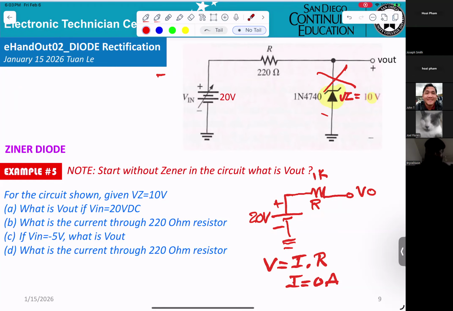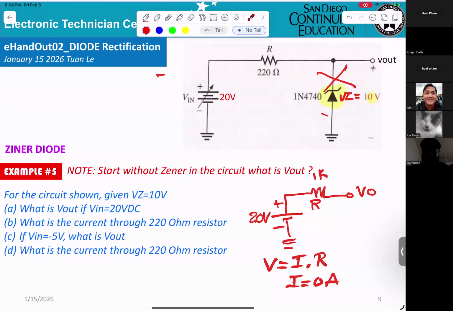Zero. How come you get zero? There's no ground. I already told you, V equals I times R. Ohm's law. You've got an open circuit, so the voltage on the end there is 20. Correct. You get the 20 volt here and the current flow here will be zero.